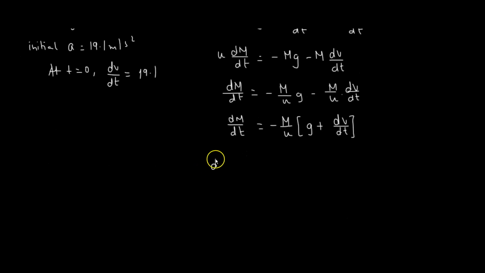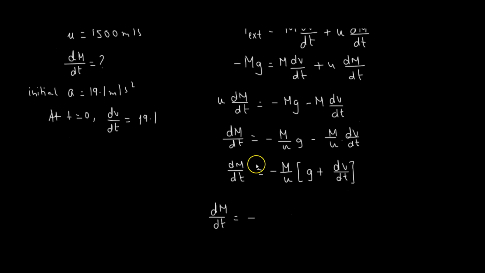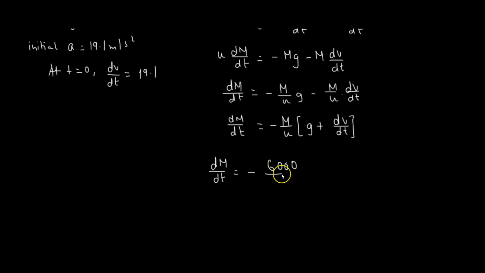So we have dm over dt equals negative, our mass is given by 6,000 divided by the exhaust speed, which is 1500, multiplied by g, let's consider it as 10, plus dv over dt, which is 19.1. Plugging all these values into a calculator gives us negative 116.4, and the units will be kg per second.